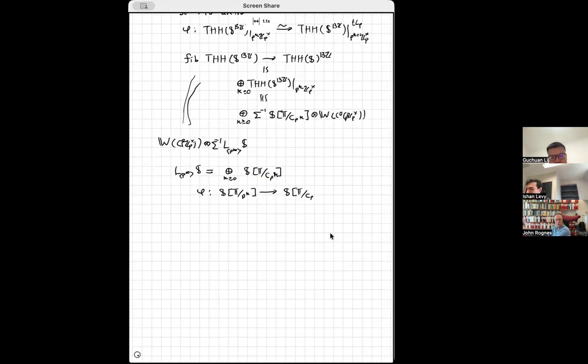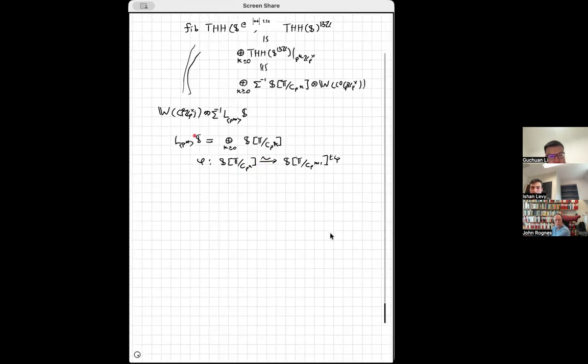And it's okay in the sense that in this case, T_{C_p} does commute with this infinite direct sum. Sorry, I wrote the wrong thing here. This is C_{p^k}, and this is C_{p^{k+1}}, T_{C_p}. So the Frobenius is the sum of these, okay?